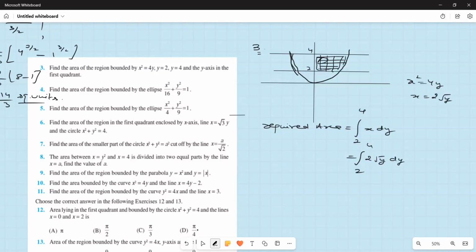Same question, just the limit is changed, but here when to take dy, this is that type of question. When the limits are on y and along the y-axis, it is written in the y-axis in the first quadrant. Clear? Next question is question number 4.